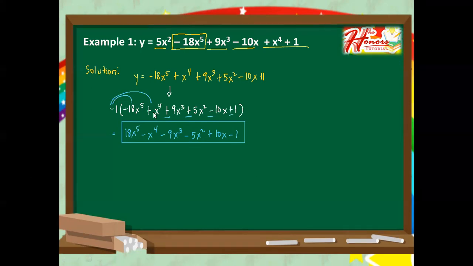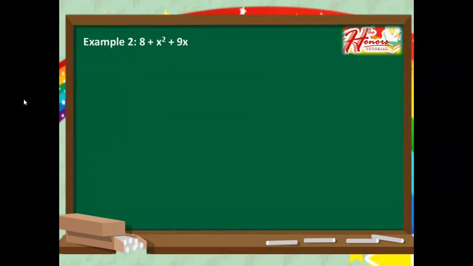Next, we have here 8 plus x squared plus 9x. So for our solution, let's just arrange the exponents in decreasing order. So the highest exponent that we have here is 2. So it should come first. So that is x squared.